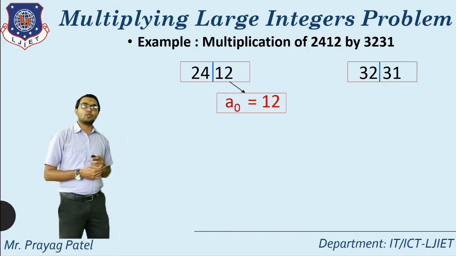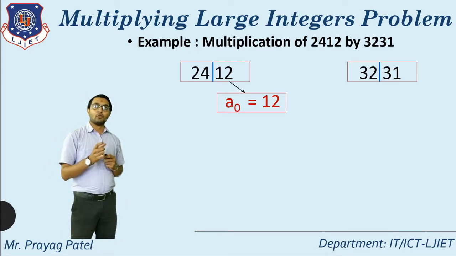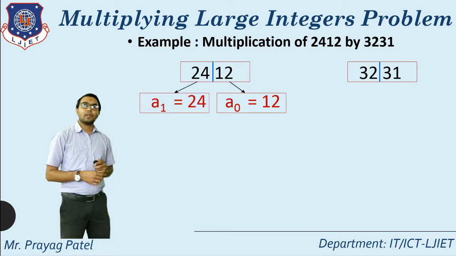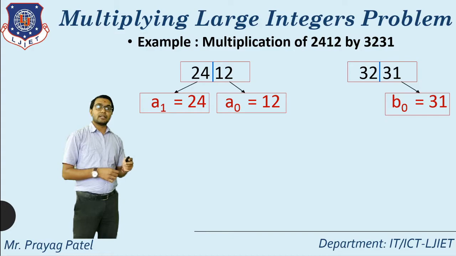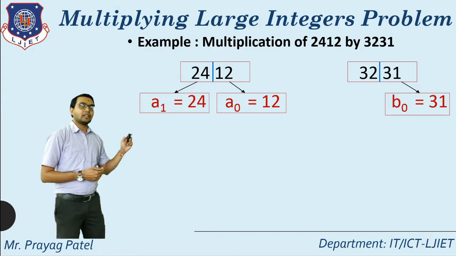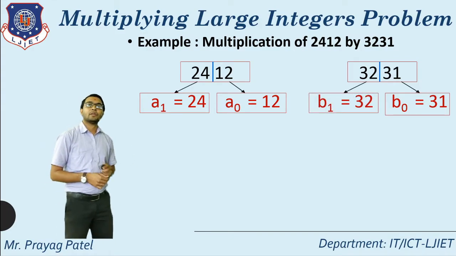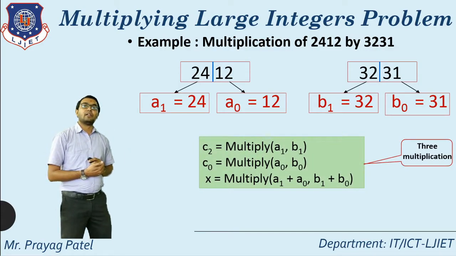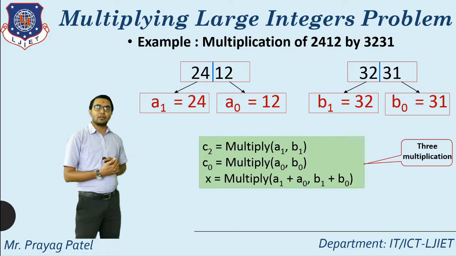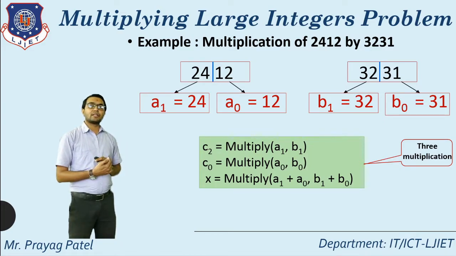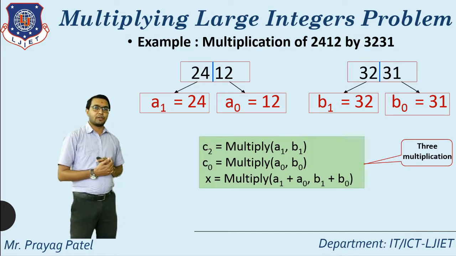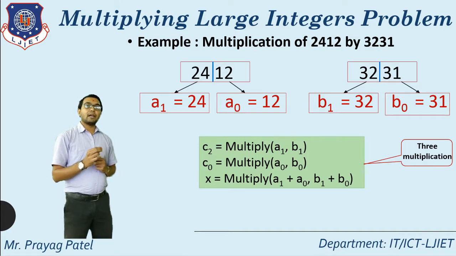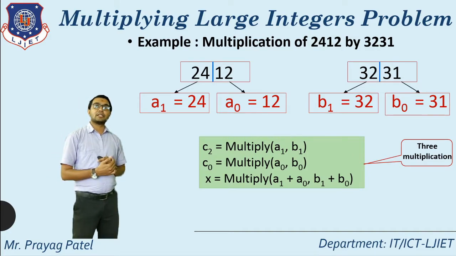So first consider 2412 as A. So 12 is considered as A0, and 24 is considered as A1. Now in B, consider 31 as B0 and 32 as B1. So we consider these A0, A1, B0, B1 and find the multiplication operations. In our equation we have 3 multiplication operations. First one is multiplying A1 with B1, meaning C2 equals A1 into B1.